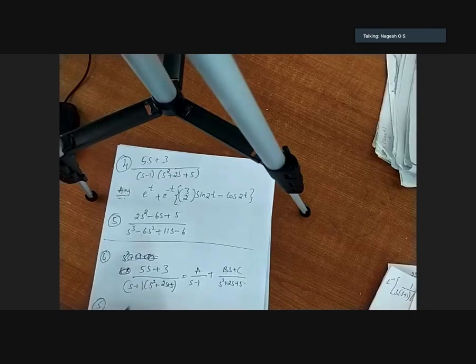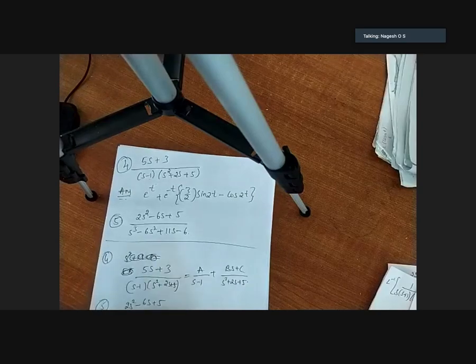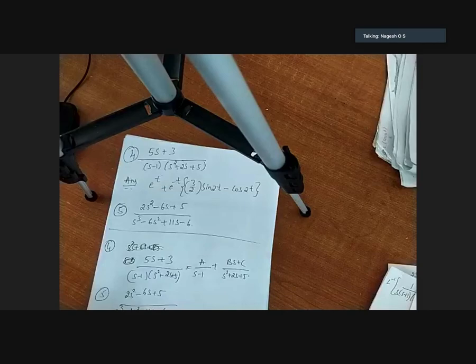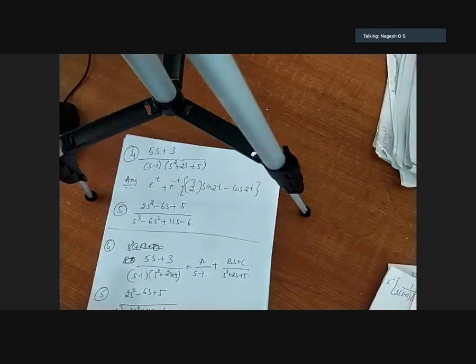Next, for the fifth one, 2s square minus 6s plus 5, numerator no change, don't worry about the numerator. Denominator s cube minus 6s square plus 11s minus 6. Find out the roots using calculator. You will get roots 1, 2, 3.